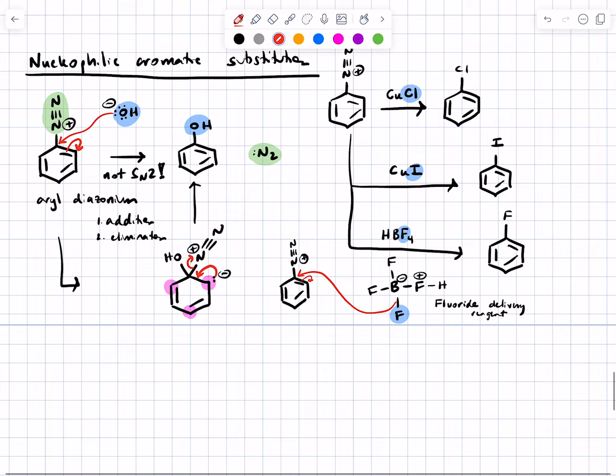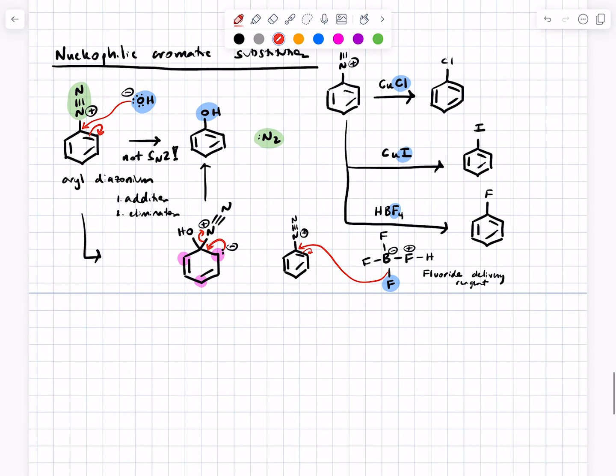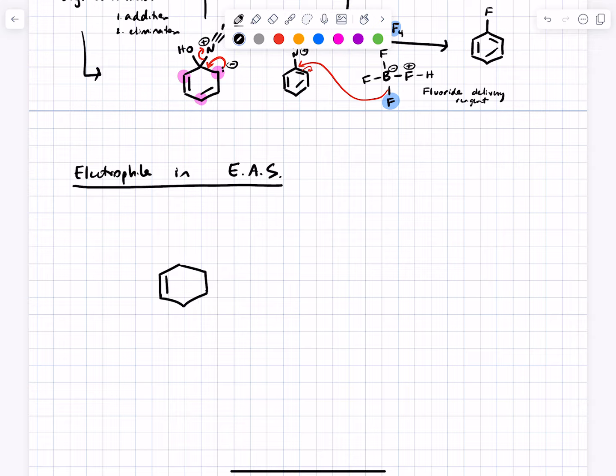Okay, so that's one kind of thing that aryl diazoniums can do. Now let's show you another. Aryl diazoniums can be the electrophile in electrophilic aromatic substitution. So, here is an aryl diazonium.